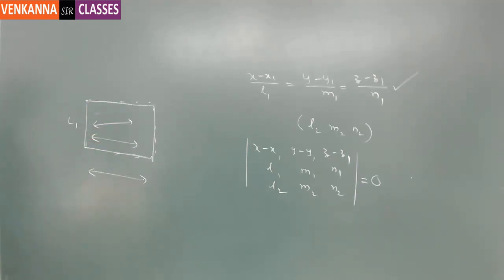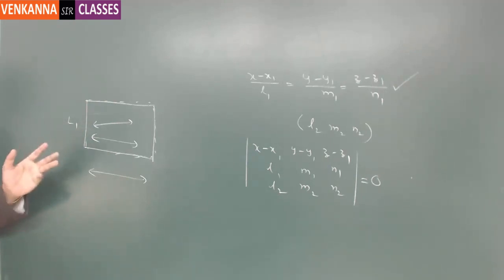Accepted? They belong to the same plane. So here we introduce a new concept: if I want to know whether two lines are coplanar or not, what do I have to do? That is one. How to calculate the point of intersection between two lines when they intersect.